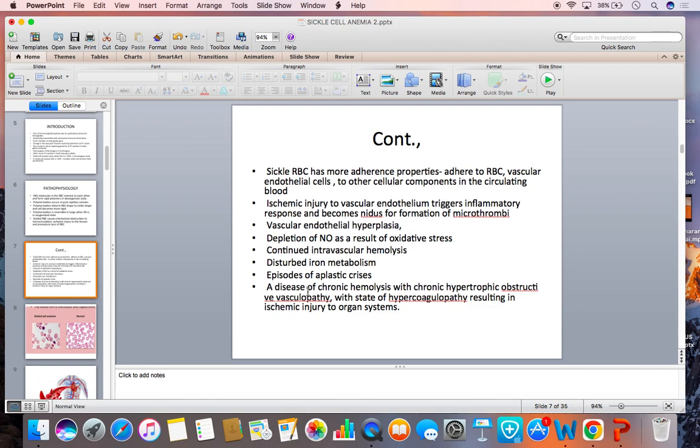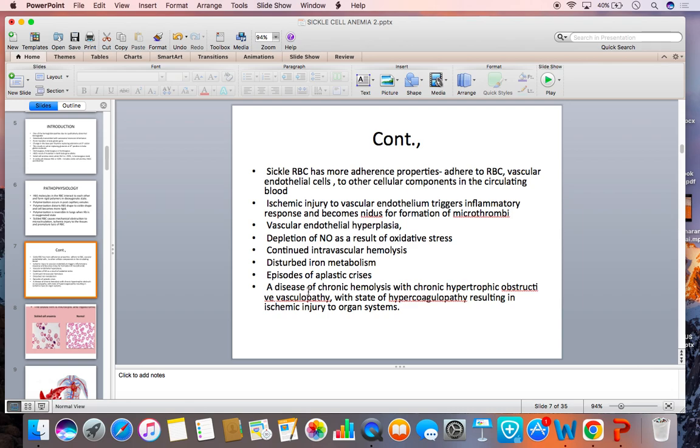Once there is inflammatory injury to the endothelium, that results in the formation of microthrombi in the microcirculation. That is associated with vascular endothelial hyperplasia as a reactive phenomenon.